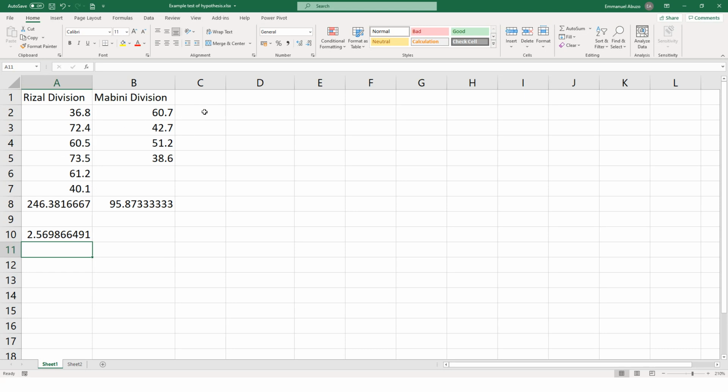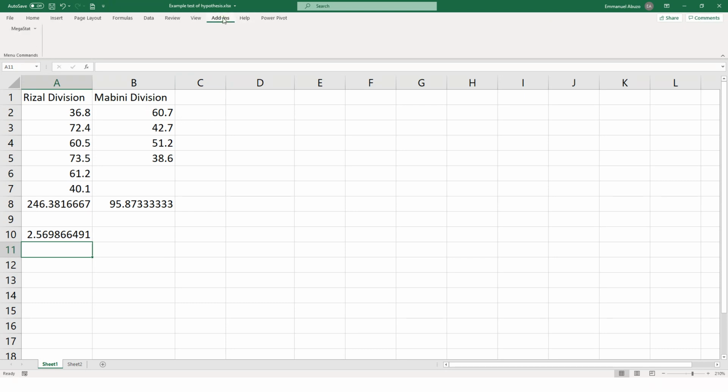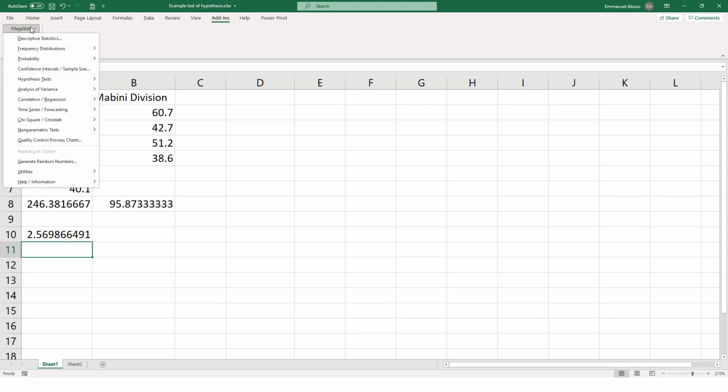Using MegaStat, we can now determine if there is a significant difference in the variances of the two divisions. So we go to add-ins and then MegaStat, and then hypothesis test, and then let's have compare independent groups.